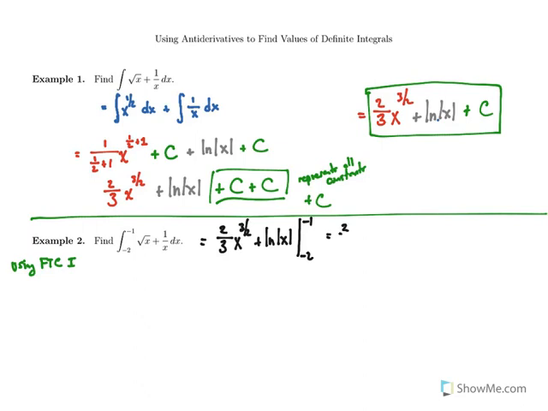That means that I need to plug in -1 into this function, and then plug in -2 and subtract.